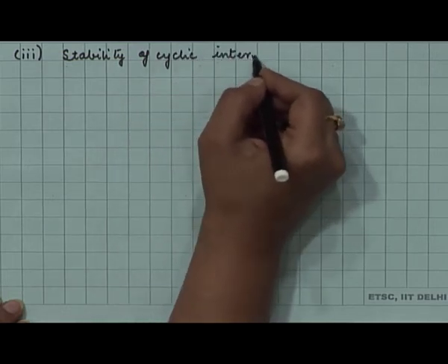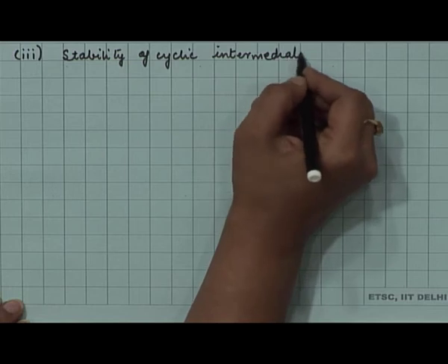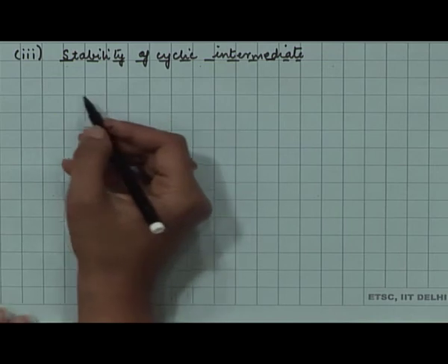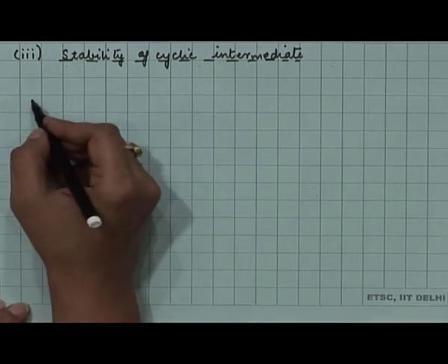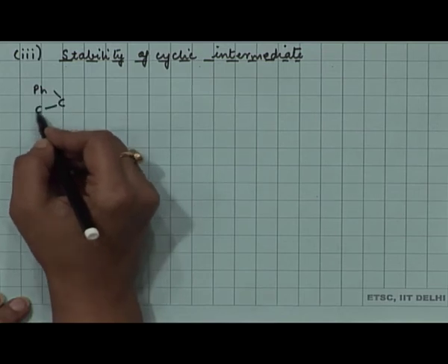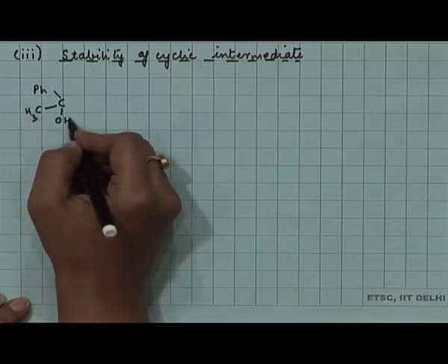So, we said that during the migration a cyclic intermediate 3-membered is getting formed. Depending upon the stability, the reaction draws its thermodynamics accordingly, that which is the one is going to form over the other.